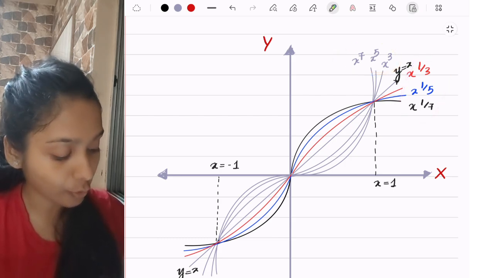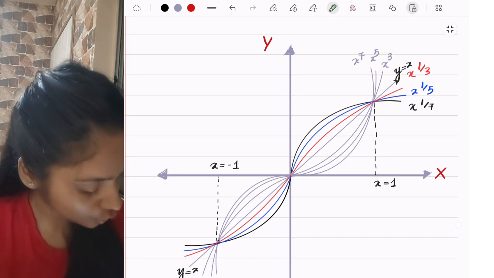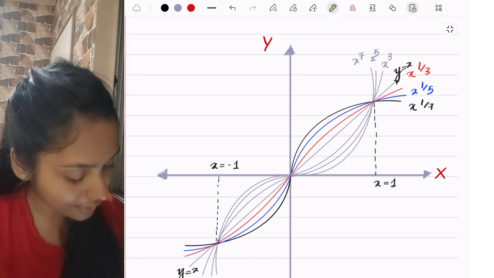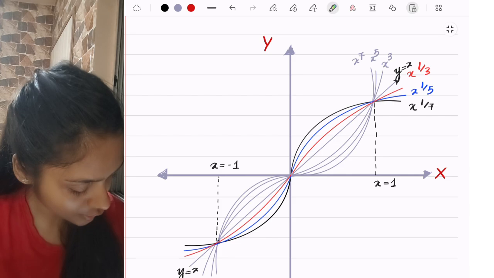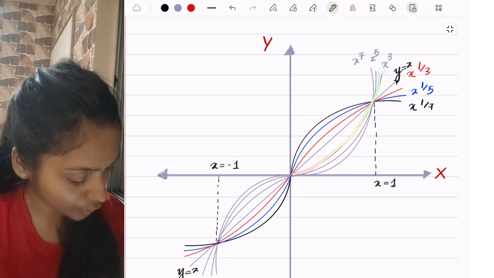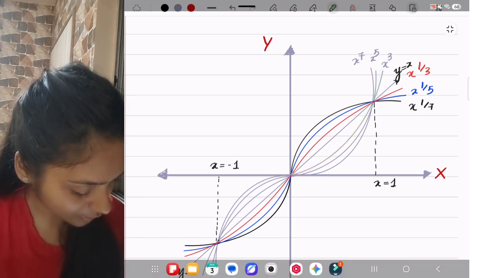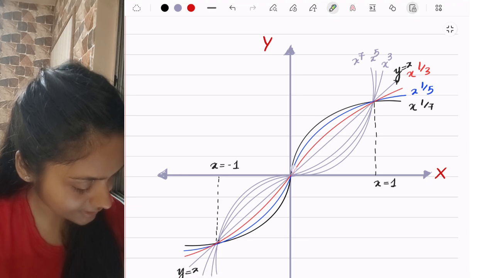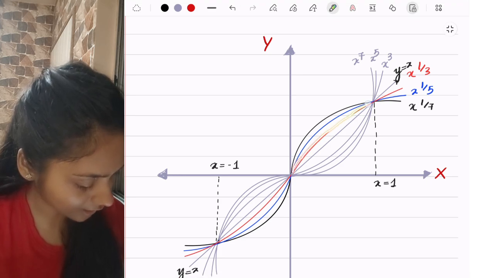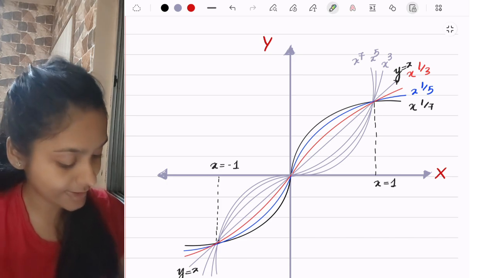First let us focus on the graph of x cube. This one is the x cube. The mirror image of it should be this red colored graph. This is nearer to y equals x.